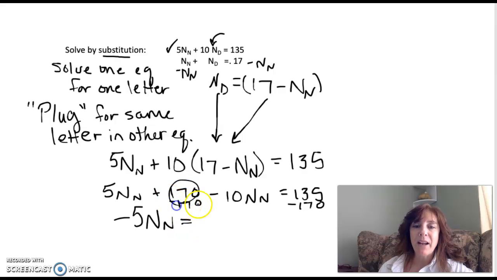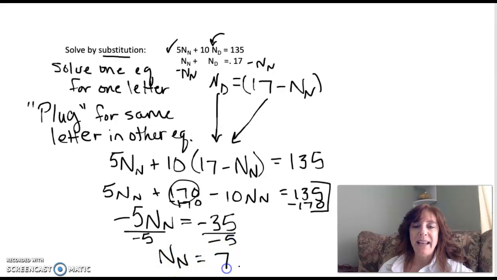All of this becomes 0, and then 175 minus 170 becomes negative 35. 135 minus 170. I divide by negative 5 to get n of n by itself. And I finally find out what n of n equals. It equals 7. I found the answer to one of the variables.